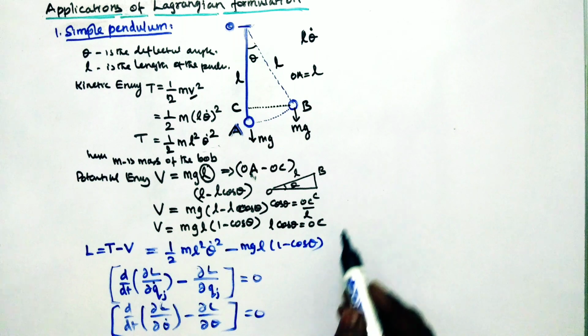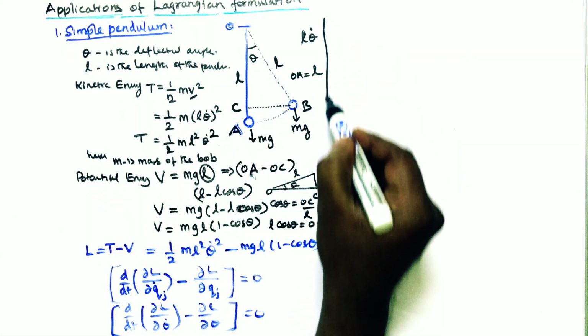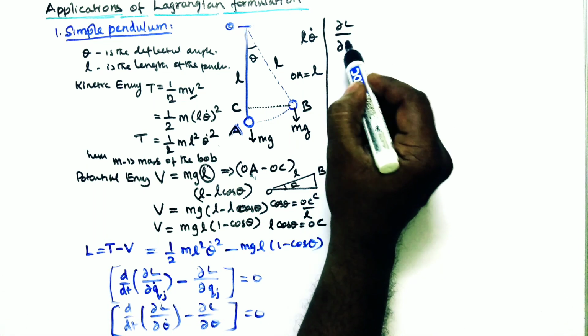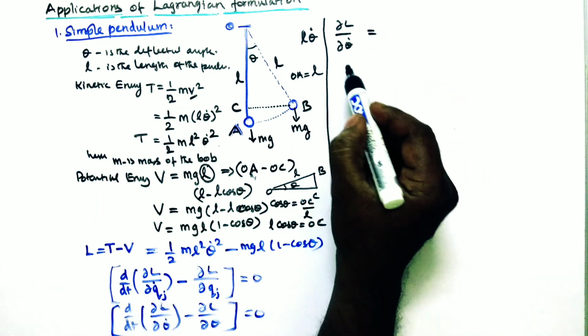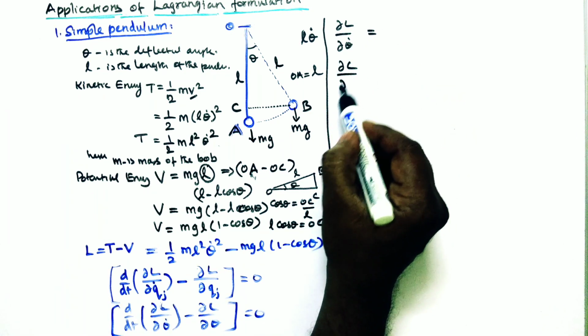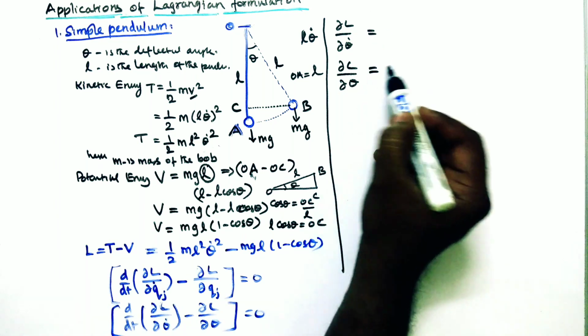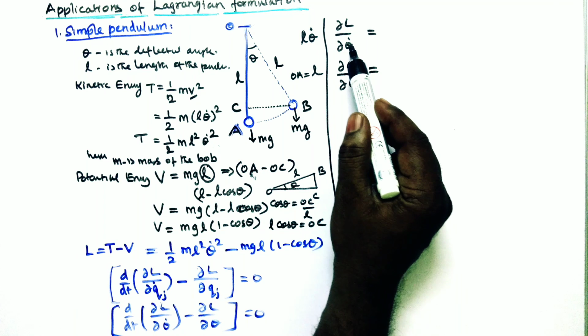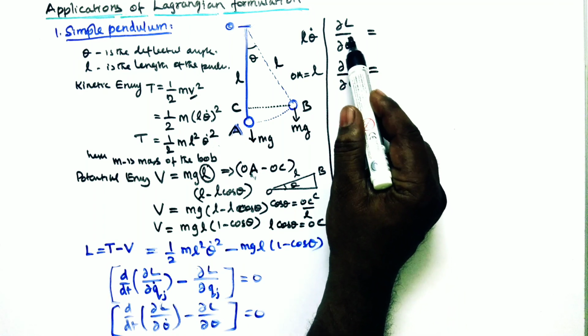So we can write the first value for dou L by dou theta dot. Here L is taken with respect to theta dot.